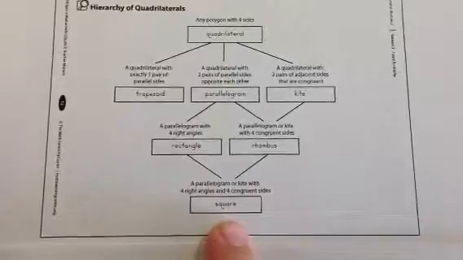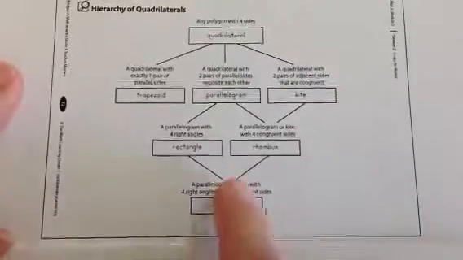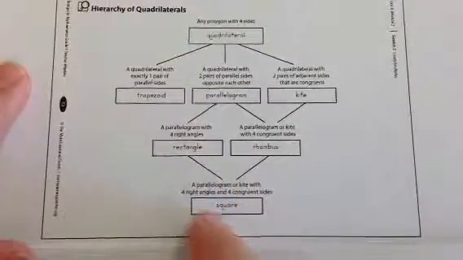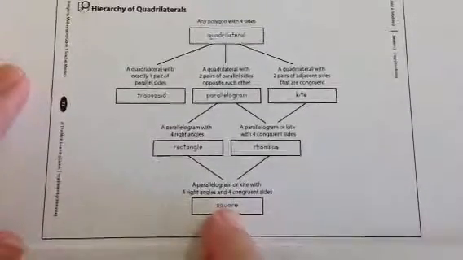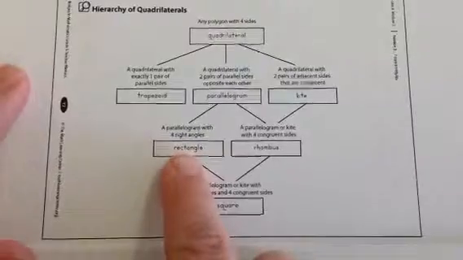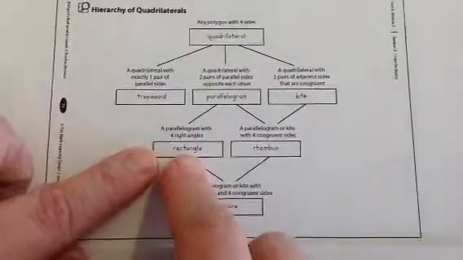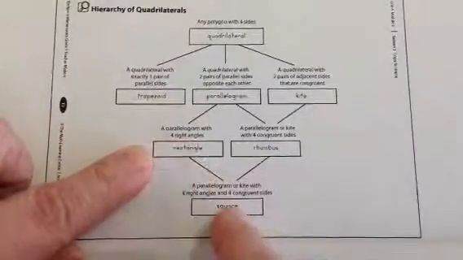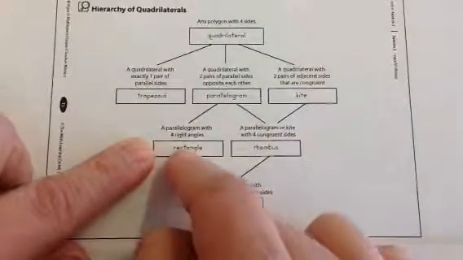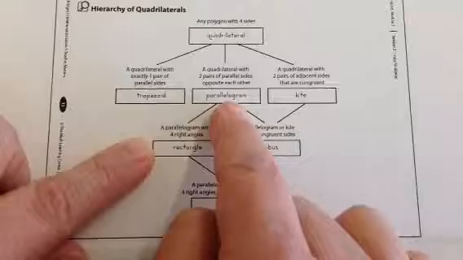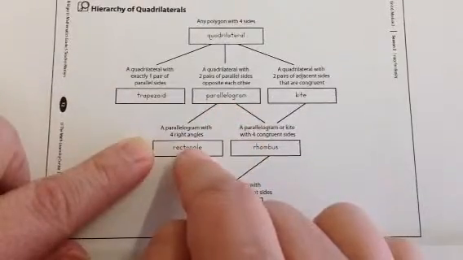And we're doing the hierarchy. We talk about how the hierarchy works, that you can move this way on the hierarchy. So you can say all squares are rectangles, because all squares have 4 right angles. And you can say all rectangles are parallelograms, because they're just a parallelogram with 4 right angles.